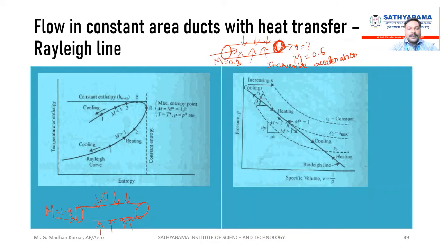When you add heat, what happens at the exit? The exit Mach number is about 0.8. So here the Mach number decreases. This is called irreversible deceleration.